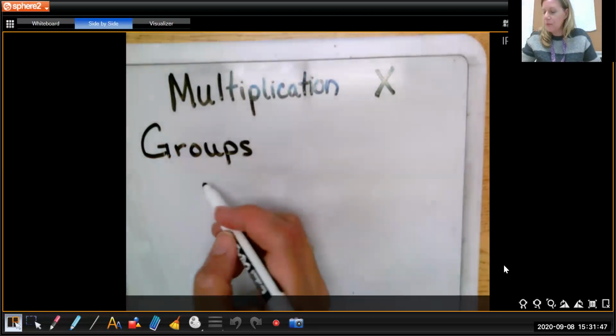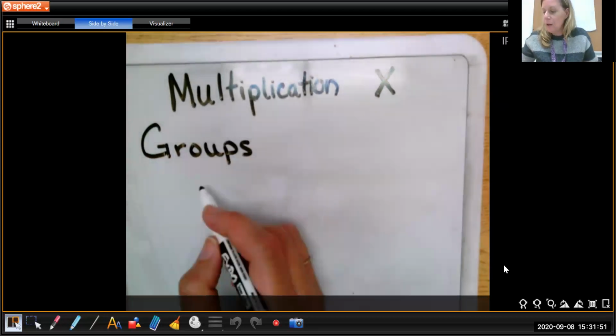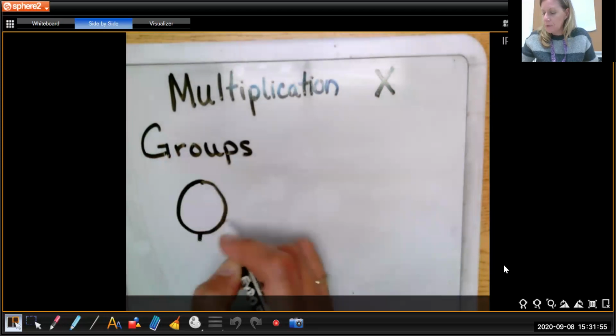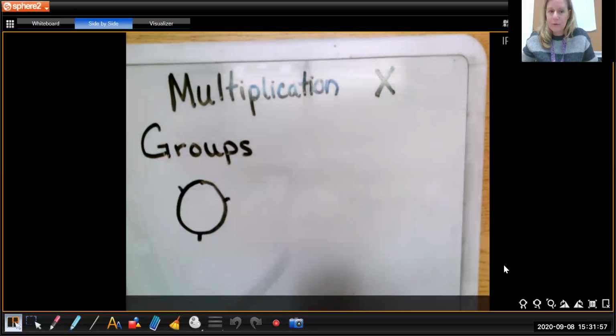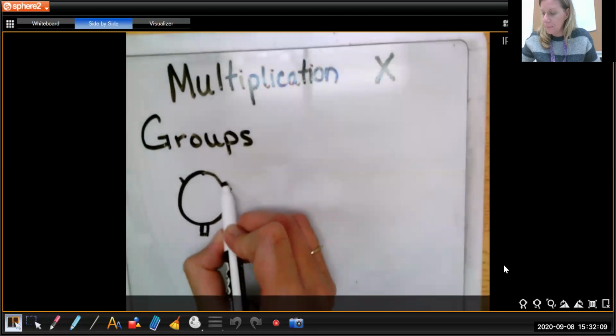One thing I can think of that a group would be is if you're sitting at a table. So I'm just going to draw a table. It's not the best table, but right now it's a table, and usually more than one person sits at a table. So the table would be where we gather or we sit in a group, right?